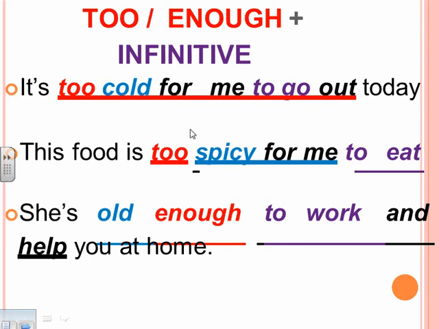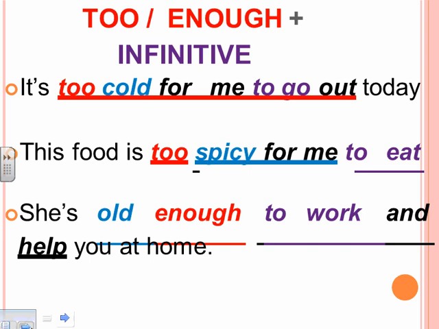That means I can't stay. Okay, this food is too spicy for me to eat. Okay, here she's old enough to work. So I either put the adjective or the adverb plus enough plus to plus an infinitive, or I put too plus the adjective or the adverb plus to plus an infinitive. Okay?